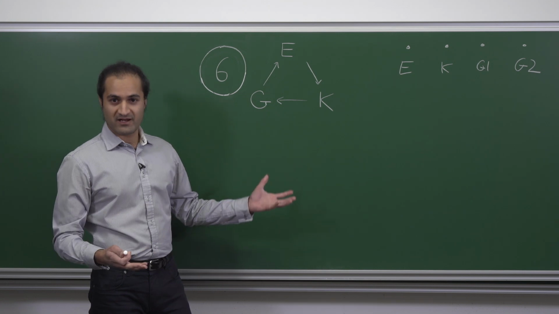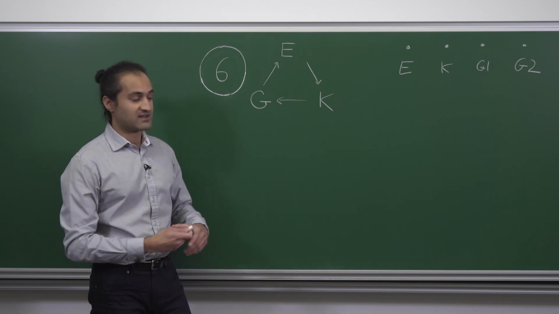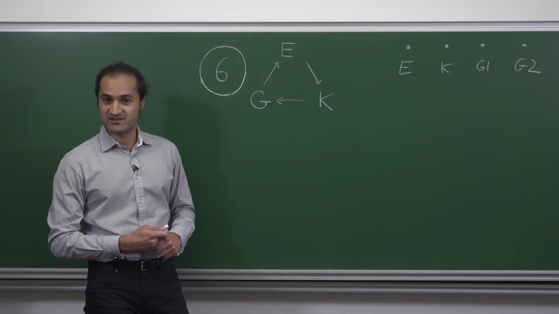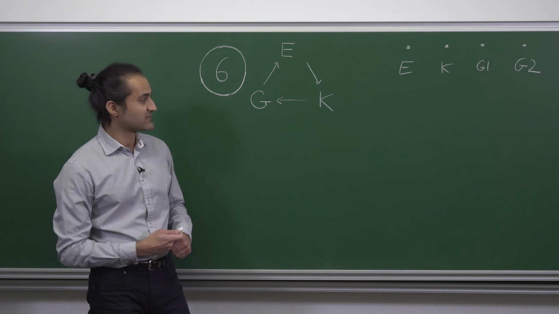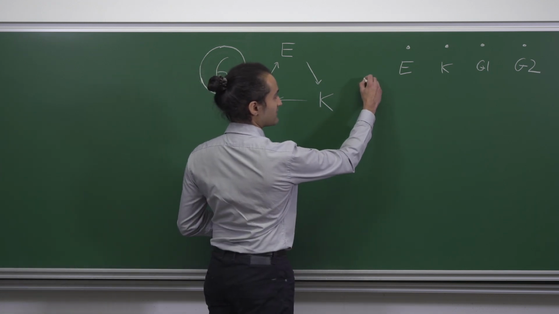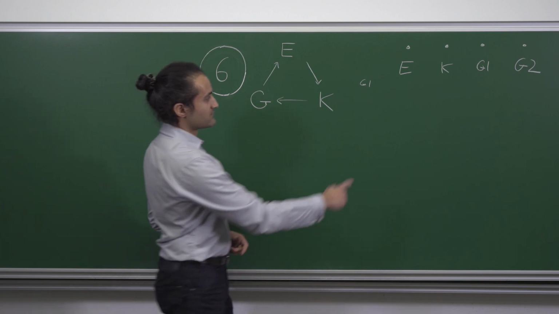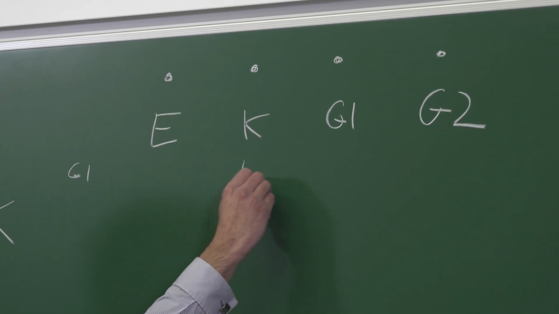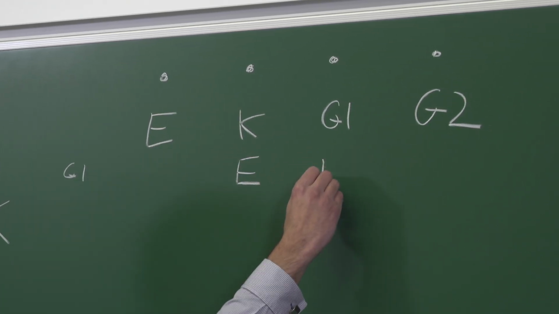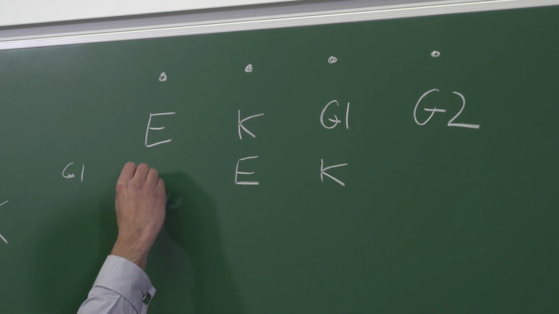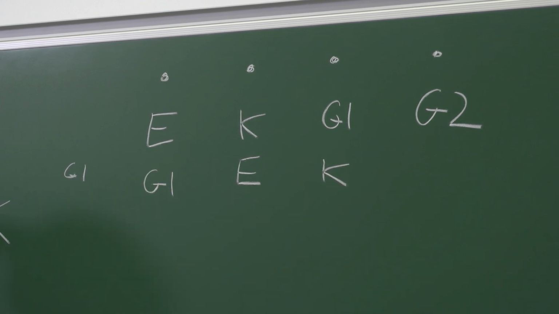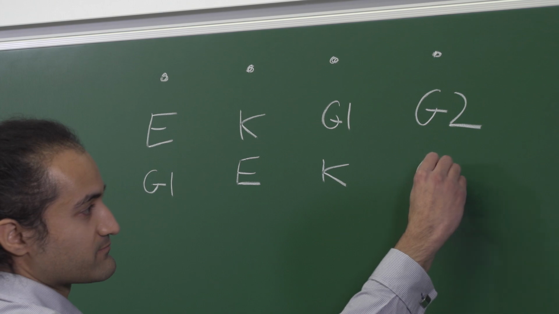So we can play around with applying different shuffles in different orders, and we discover the following sequence. So let's first of all apply the shuffle involving G1. So the E will move to here, the K will move to here, the G1 moves to here, and the G2 stays where it is.